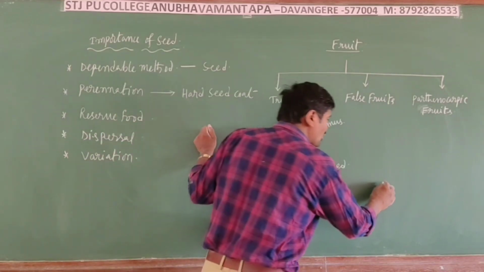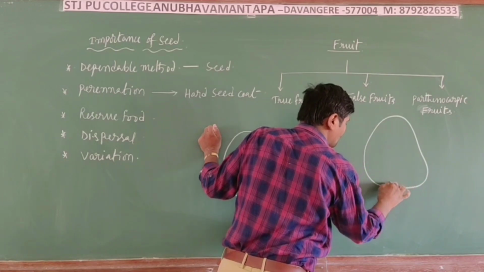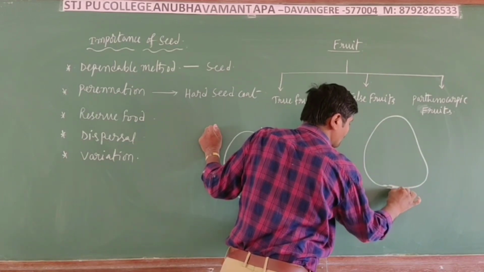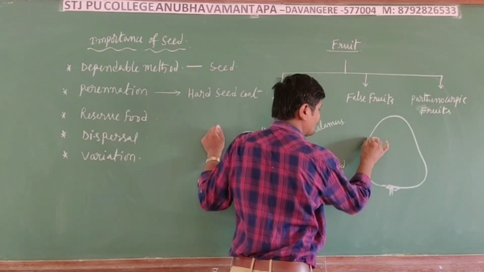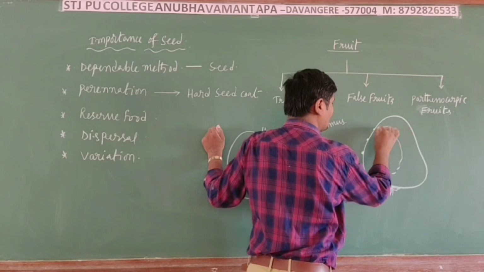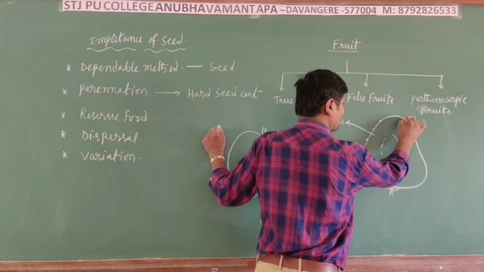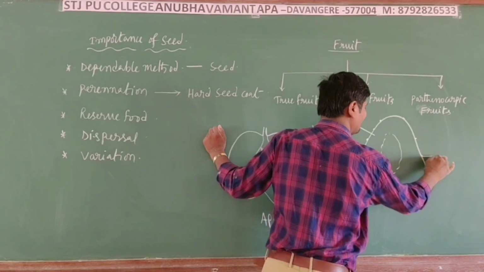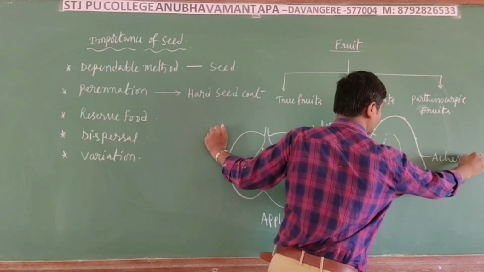Another example, strawberry. See here, this is also the thalamus. This is an achene. What is an achene? An achene is a true fruit.